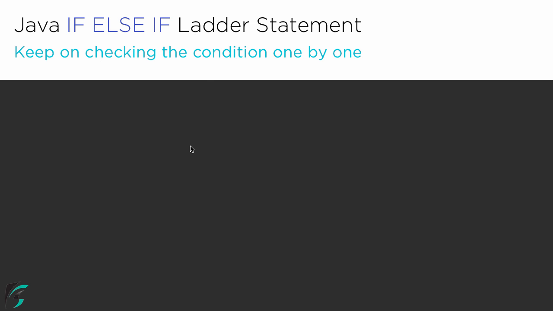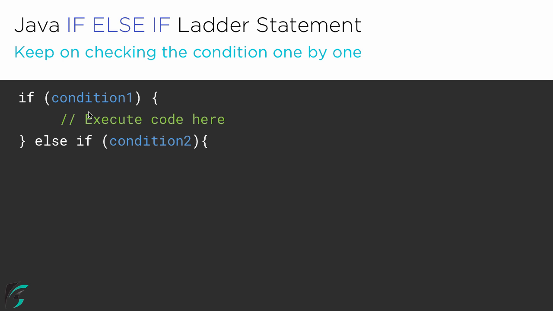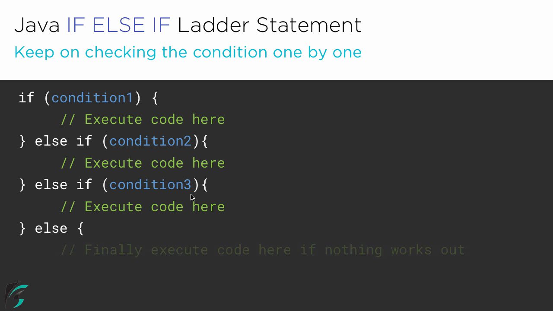So how does it look? Let's check it out. Here we have condition 1 and then I have written one statement here, else if condition 2, and then else if condition 3, and then finally I have the else part.